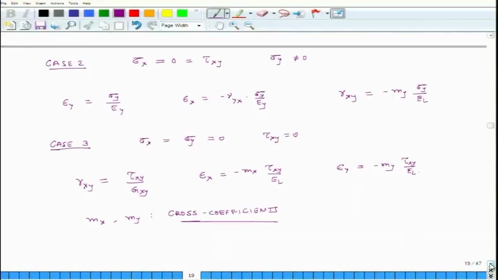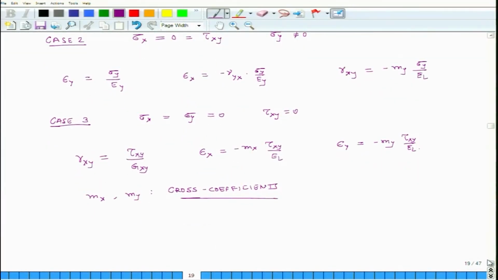Now, here we have, how many elastic constants do we have? We have elastic constants Ex, Ey, nu xy, nu yx, mx, my, Gxy.